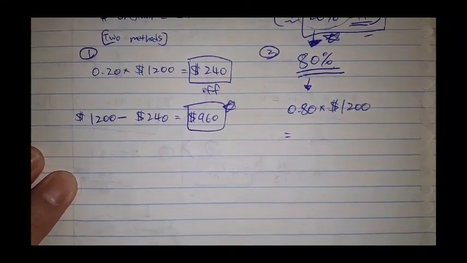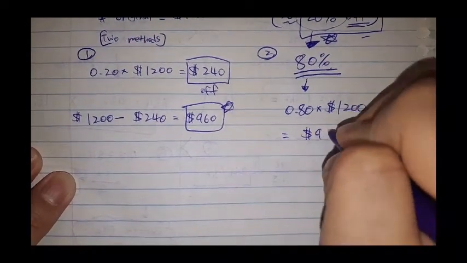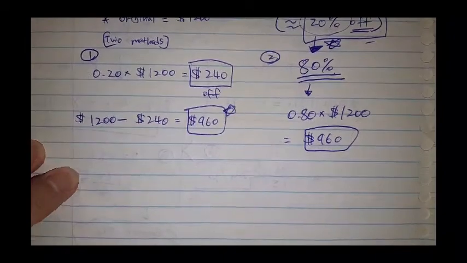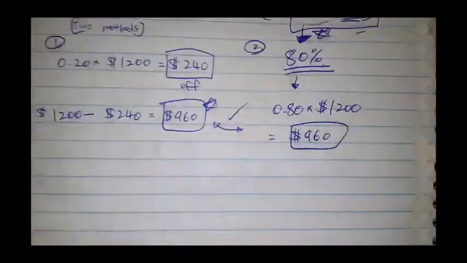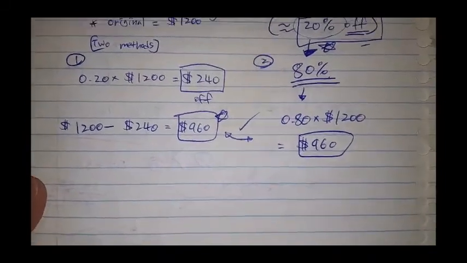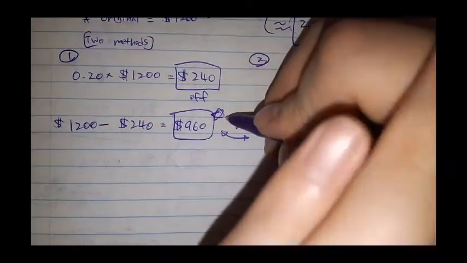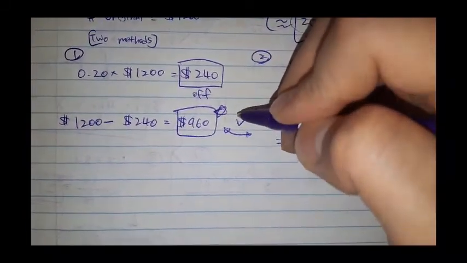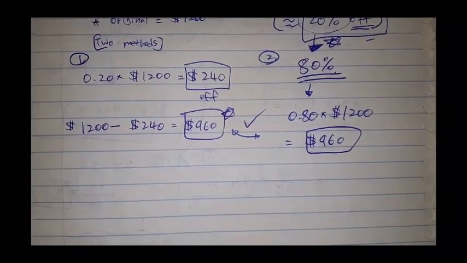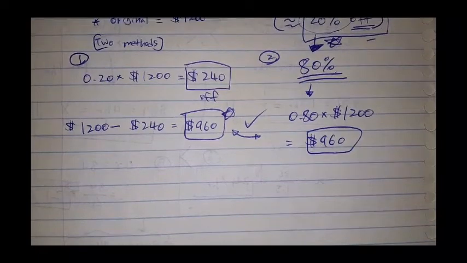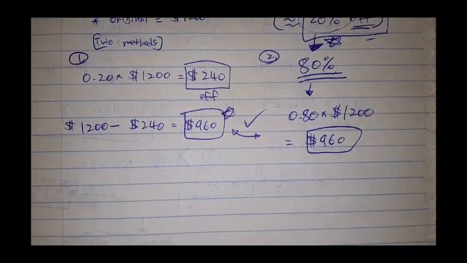Then you have 0.80 multiplied by 1,200, which gives $960. From the first and second methods, you may notice both provide the same answer. It doesn't matter which method you choose, honestly.